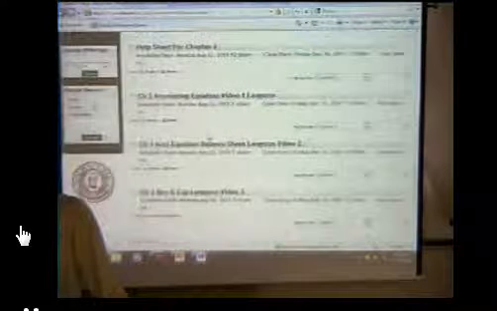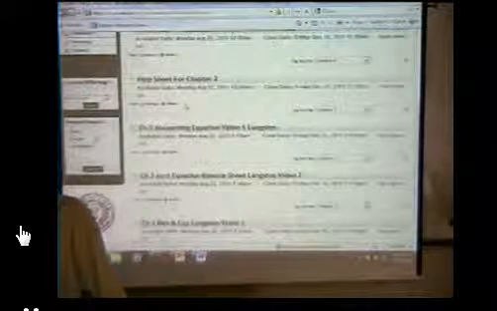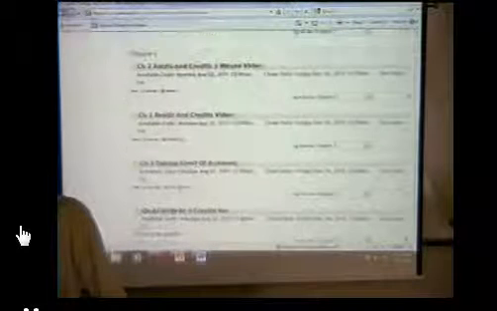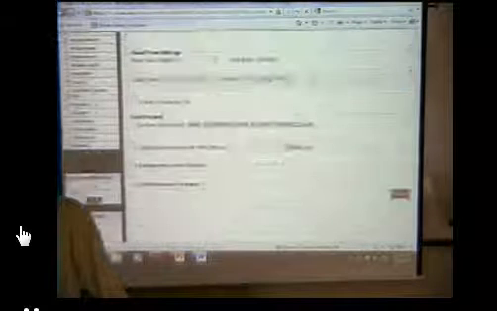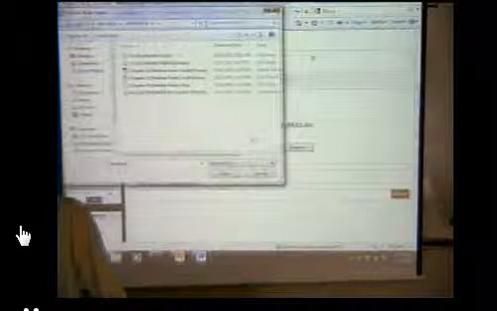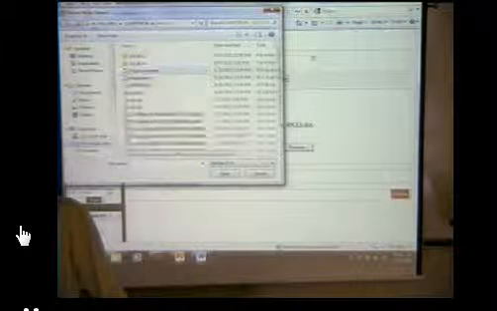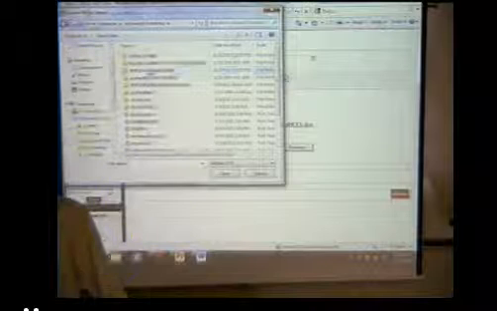I want 3. It didn't print either. The help sheet. Let me upload it. Oh boy. I've just got to go find it. Of course. There it is.